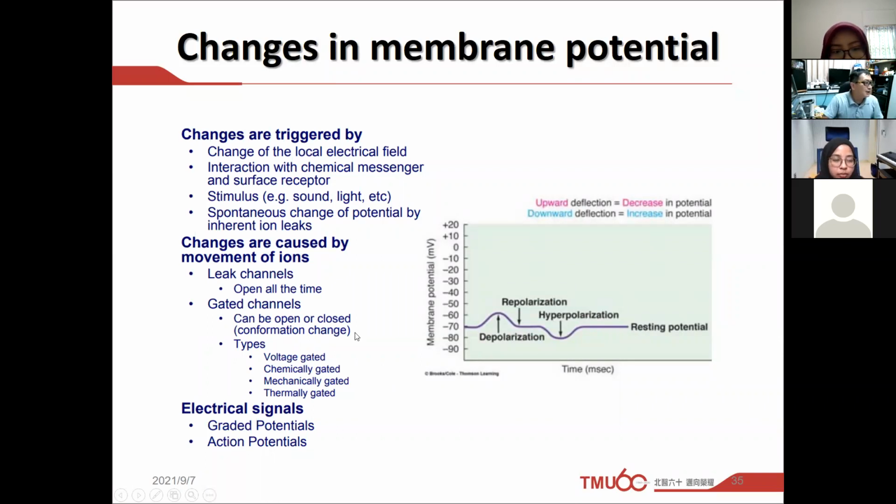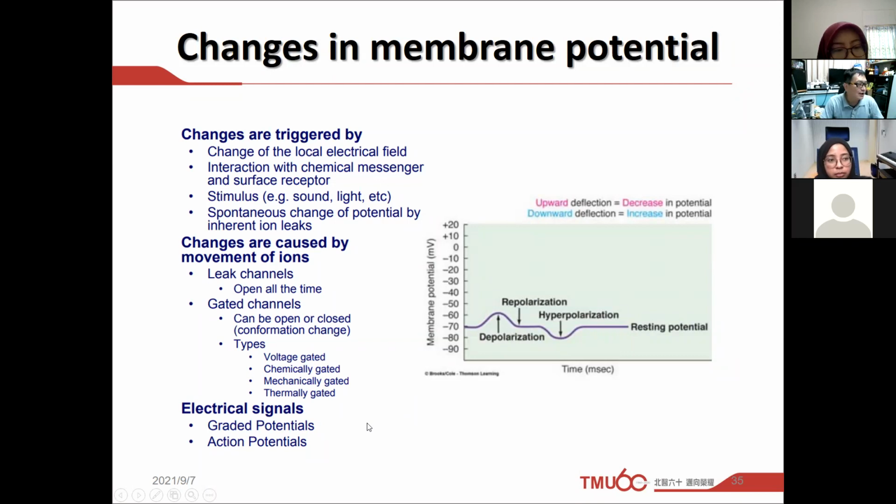And how to make this depolarization, repolarization, hyperpolarization, there are different types. Okay, voltage gate or chemical gate or mechanical gate or thermal gate. Use the heat, use the voltage, use the hormone or chemical or mechanical to make a membrane potential to achieve bioactivity through the membrane.